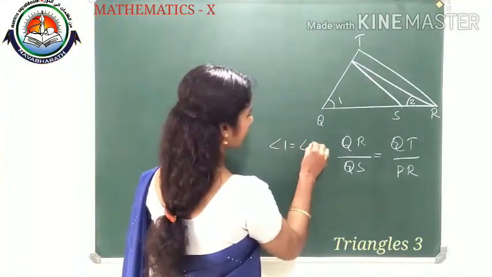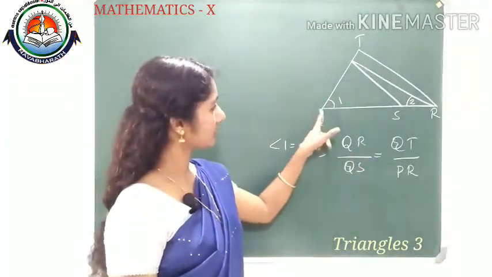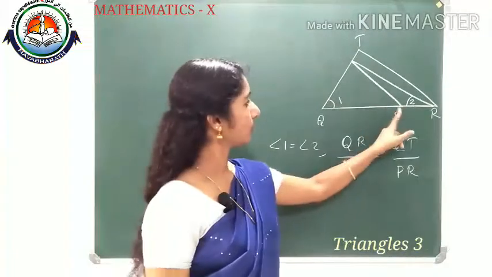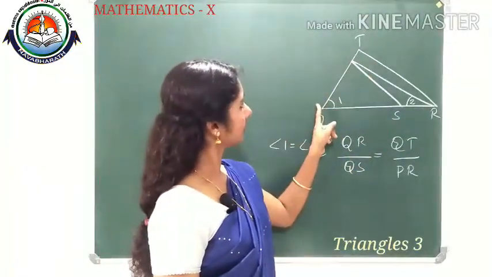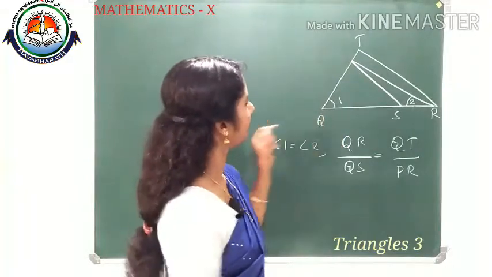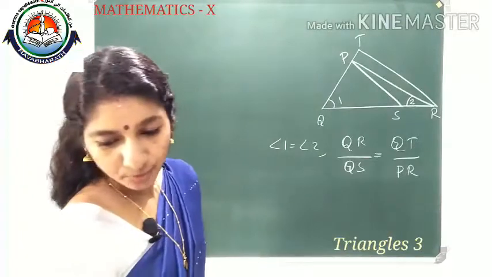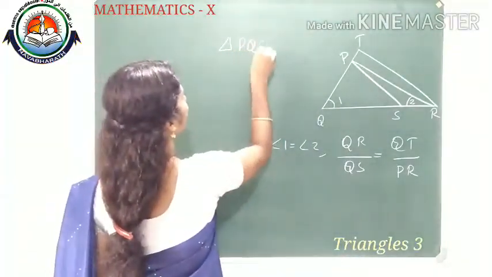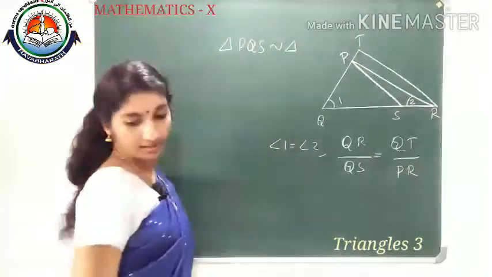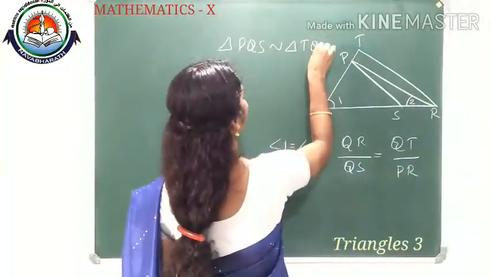Angle 1 is equal to angle 2, plus one more piece of information is given: QR by QS is equal to QT by PR. We need to prove triangle PQS is similar to triangle TQR.